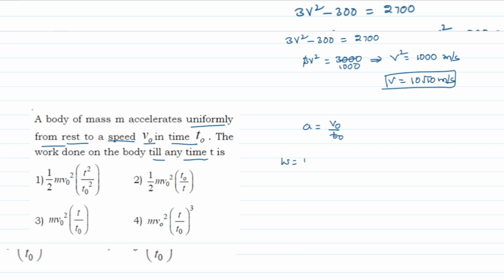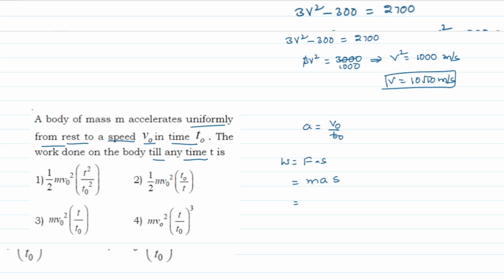Work done is nothing but force into displacement of the body. Force causes some acceleration according to the second law of motion. No direction is given, so take both as moving in the same direction: F s cos 0, mass into acceleration into displacement.